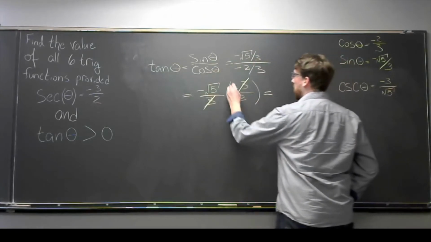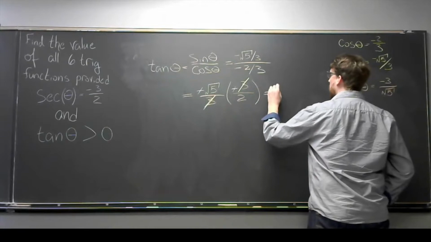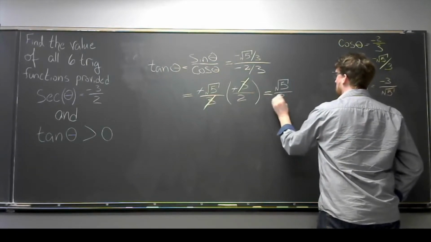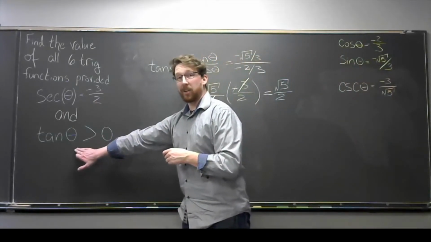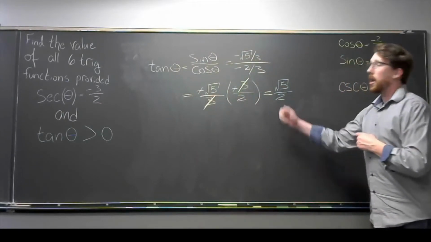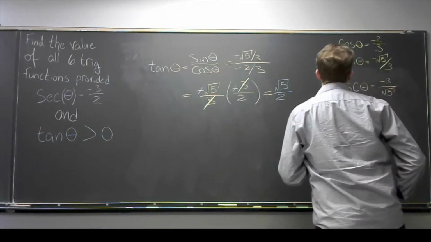The negatives are going to cancel. And we're going to be left with the square root of 5 over 2, which is a good thing because we were told the tangent is positive. And what we just got was a positive tangent. Everything's looking good so far.